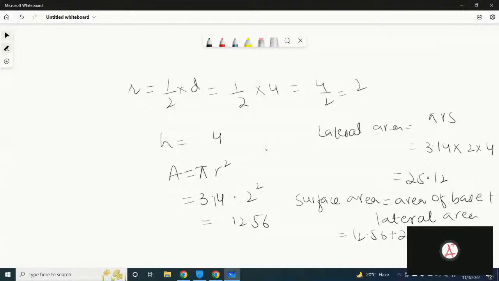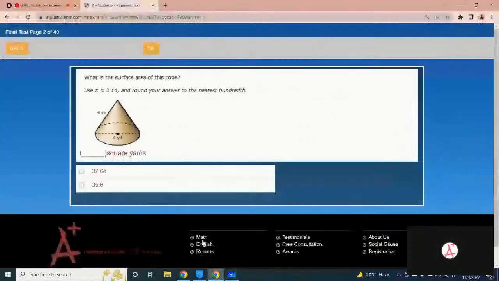Got it? So the correct option is 37.68. Just select the correct option and then click on the OK button. Got it?